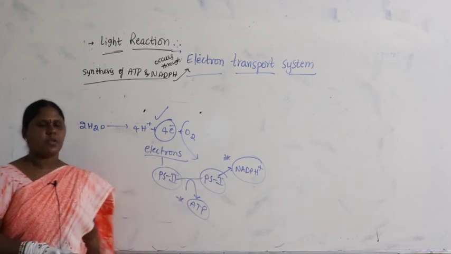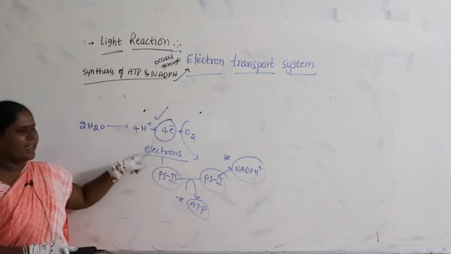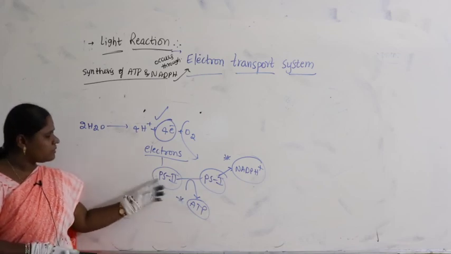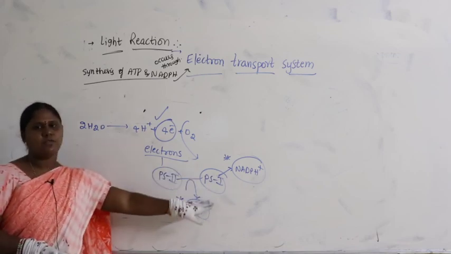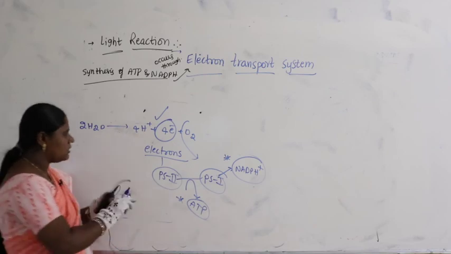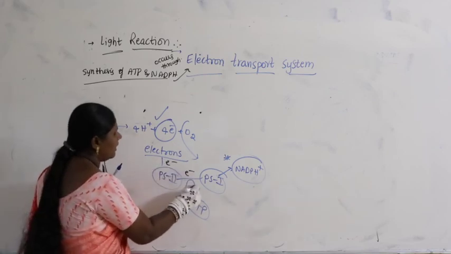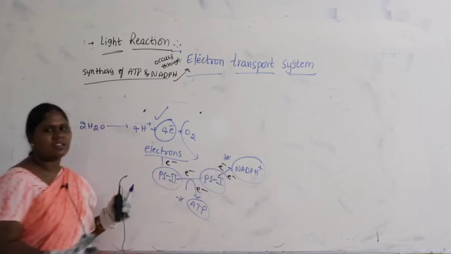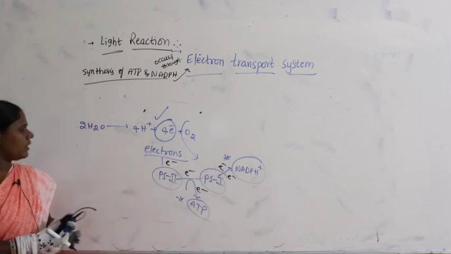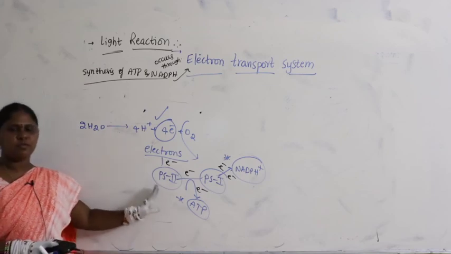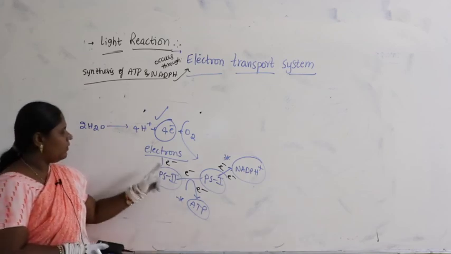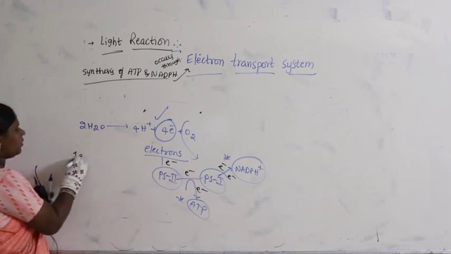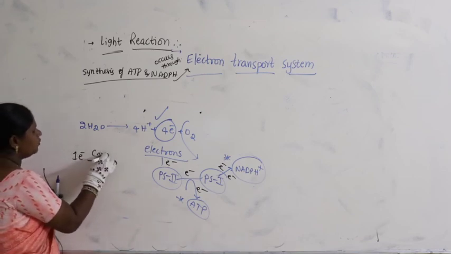Oxygen is released out. What happens to the electrons? They keep getting transported from one photosystem to the other. This is called the electron transport system. When they move, each electron carries 2 protons.